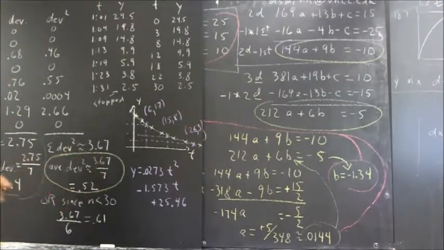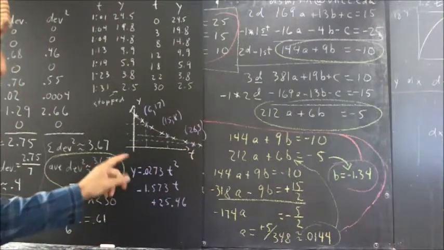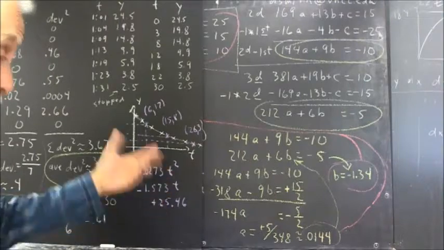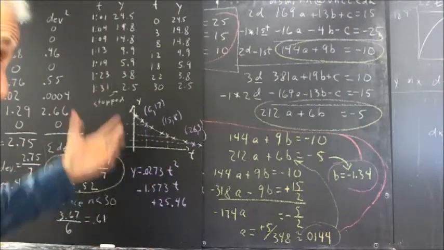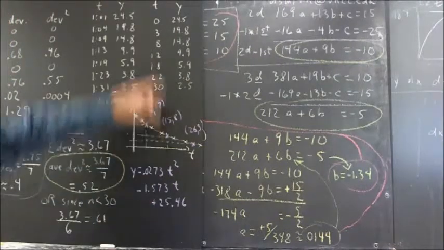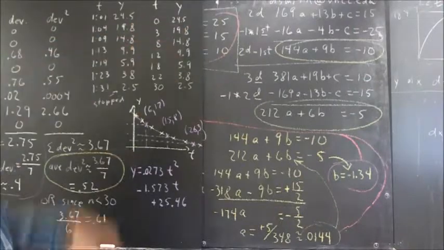Okay, now we could evaluate this model just like we did linear models. We could plug t equals 0 into this model, and we would get 0 for this term and 0 for this term, because each term is multiplied by at least 1 t, and t is 0. And so we just get 25.46. Well, our observation was that y was 24.5.